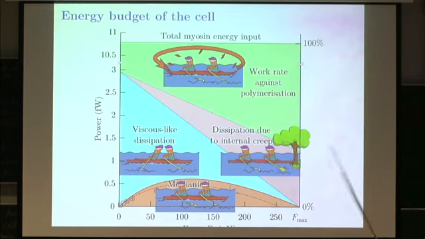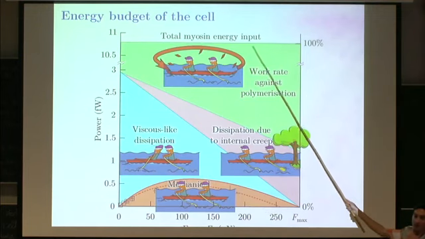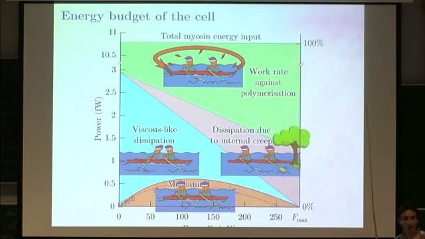But what you can check is whether this total energy input is actually significant or not. And if you compare it with the cell metabolism, it's like the 1,000th part of the energy that the cell spends per unit time.